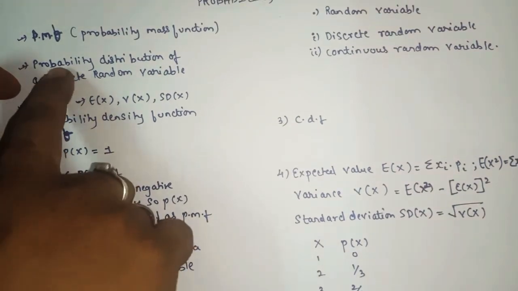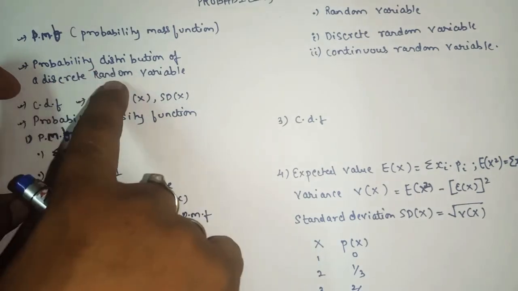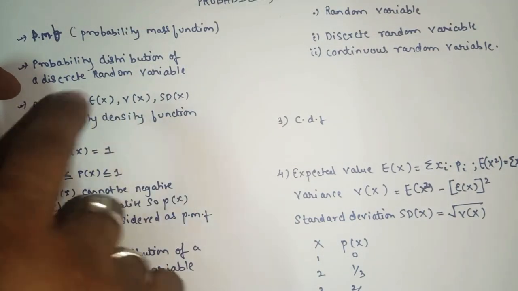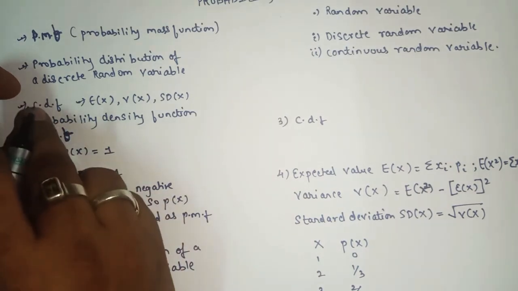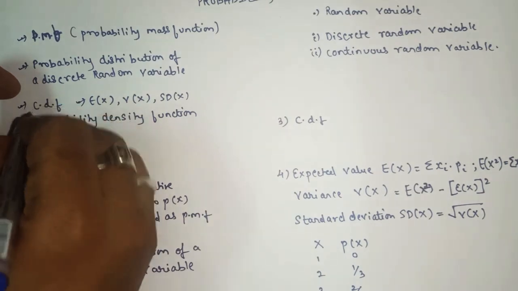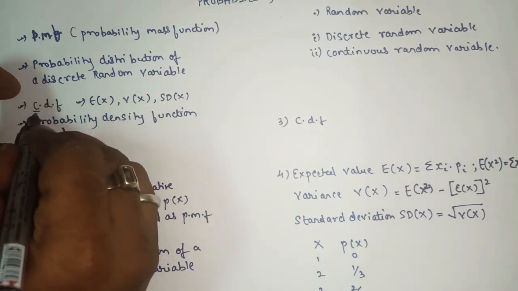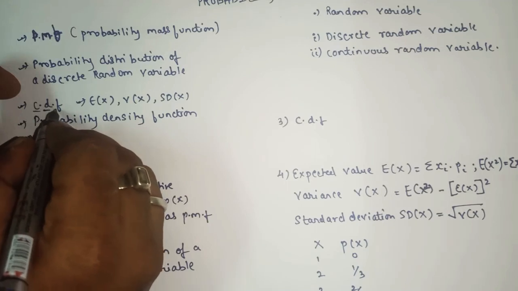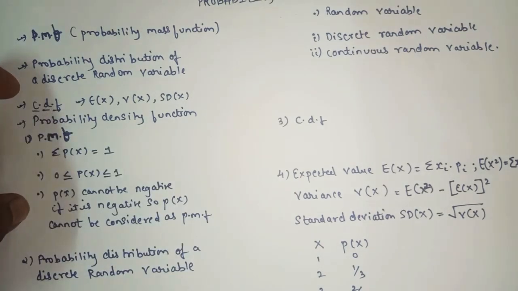Then after that, probability distribution of a discrete random variable. Then after that, CDF. Here CDF is known as cumulative distribution function. C stands for cumulative, D stands for distribution, and F stands for function.